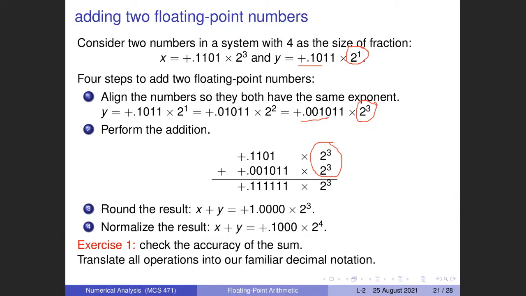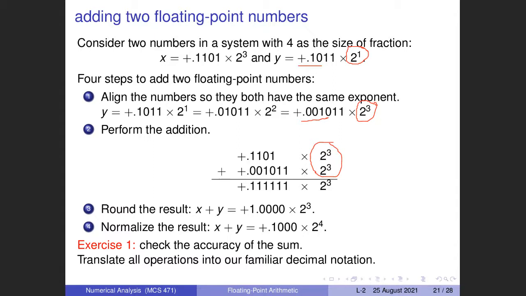So the binary addition, I will not go through this in great detail. The carryover follows the same rule as in decimal. It's quite easy to get tripped up by this.